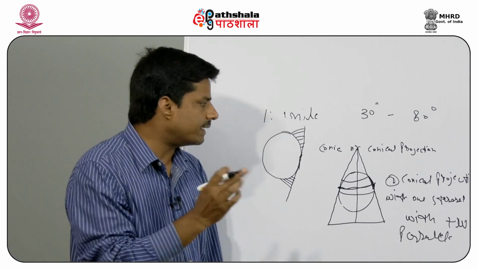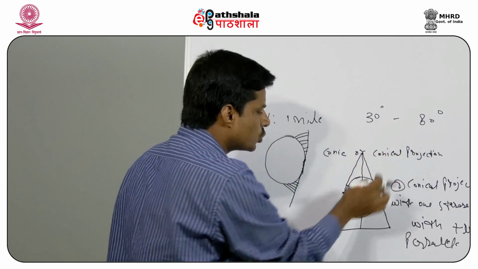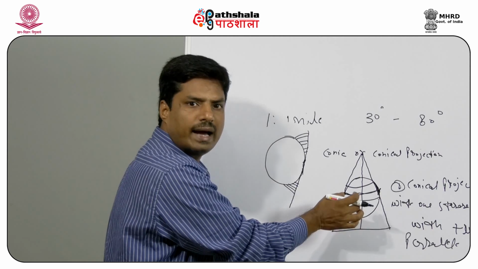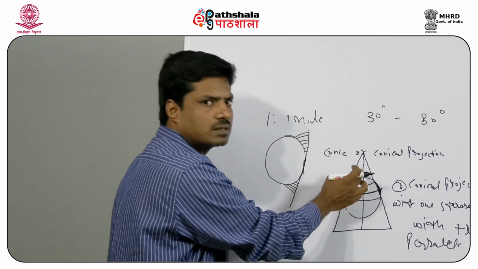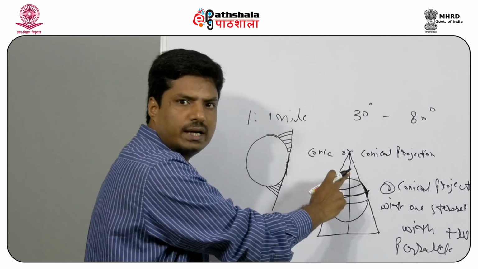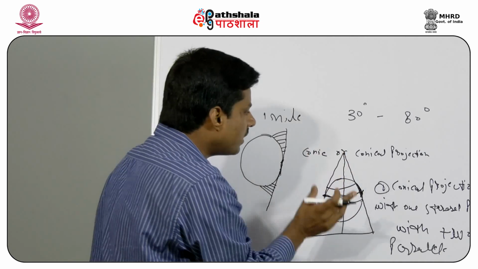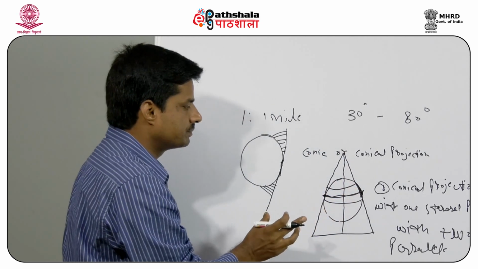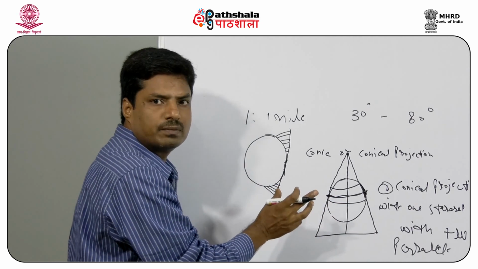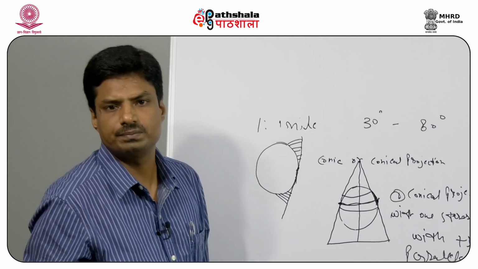So 2/3 of this gap should be in between these two standard parallels, and 1/6 of the area should be along both sides of these standard parallels. By adopting this technique, these two standard parallel maps will give us very good results.